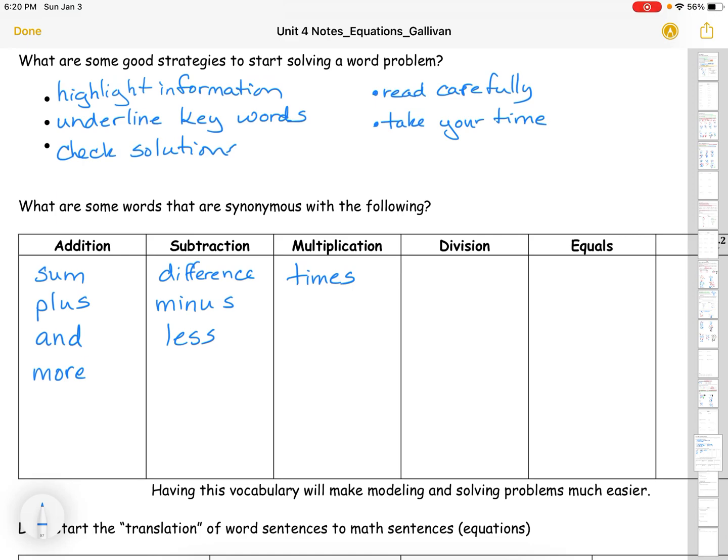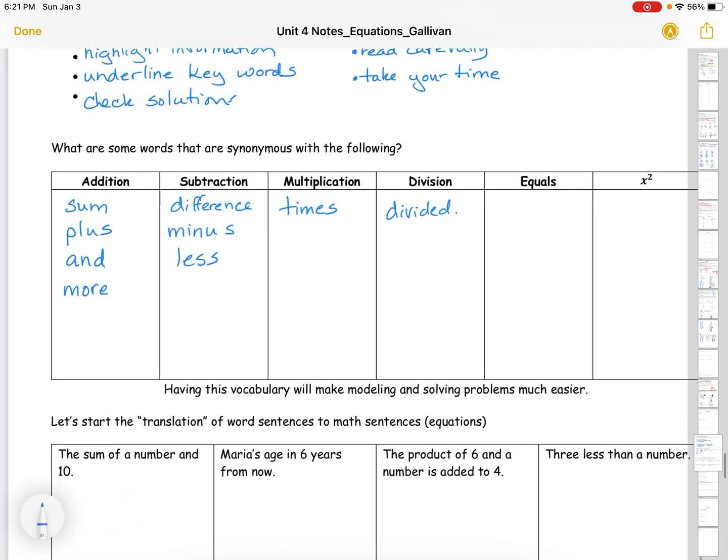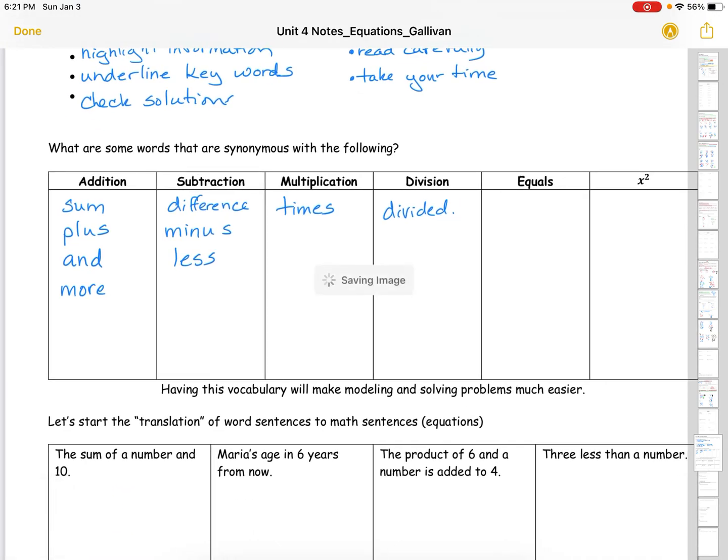Multiplication, you might have times. Division, divided. Trying to think of some other words with division. And in the class, we might come up with more of them because it doesn't always have to be just about which ones I come up with, right?